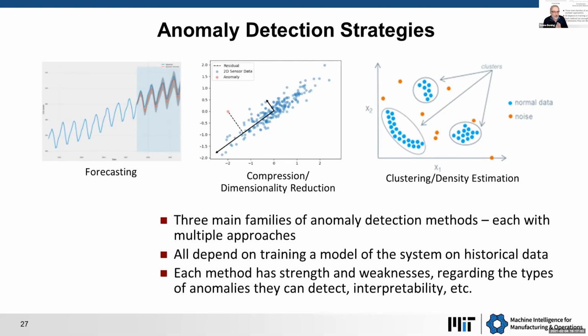And if something is different in the process, that reconstruction error will be larger. And the third is forecasting. If you have a model that can predict the next time point and it's very different from what you then actually observe, that also can be a way to signal an anomaly. And all of these, of course, depend on historical data. And there are different combinations of strengths and weaknesses.